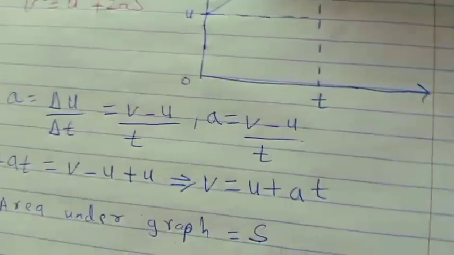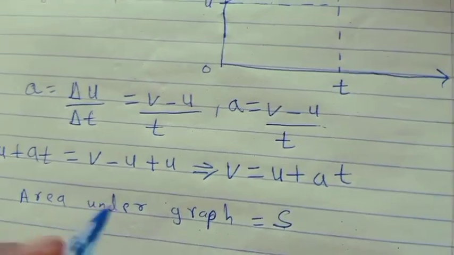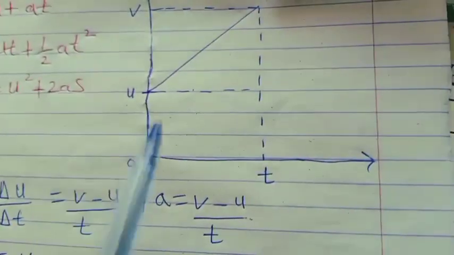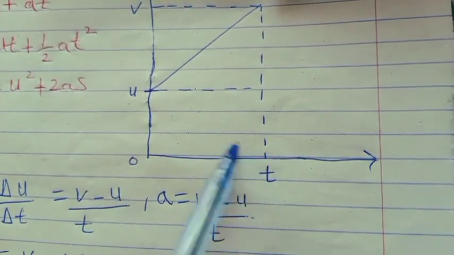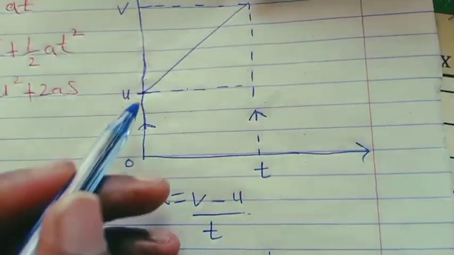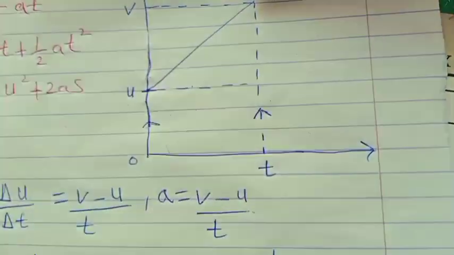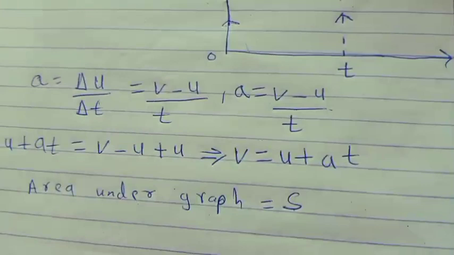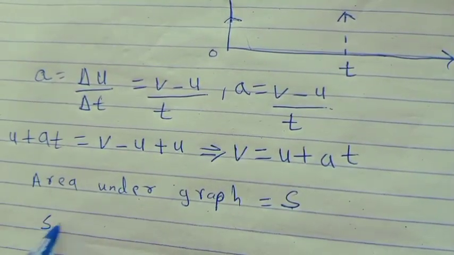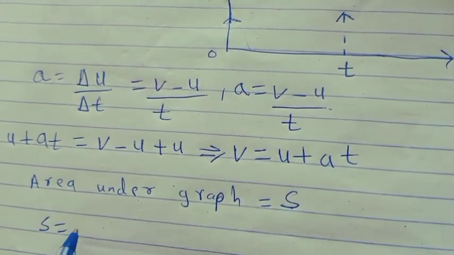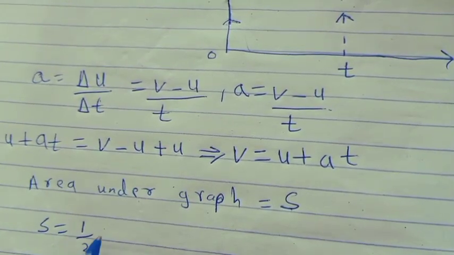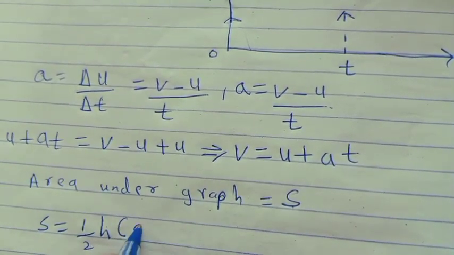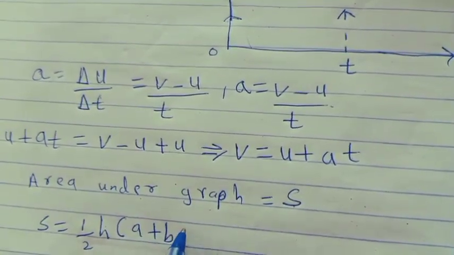As we can see in this diagram, it is a trapezium. So the area of a trapezium, s, will be given by half height multiplied by (a + b).